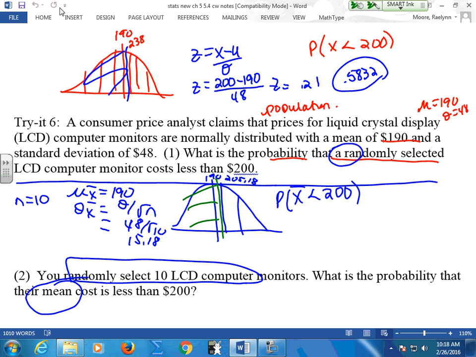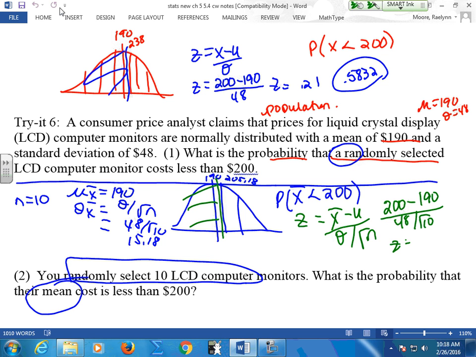More. So your formula is almost the same, except we're using your sample mean and we're changing your standard deviation. So your sample mean is still going to be 200 minus 190, and the bottom is the part that changes.